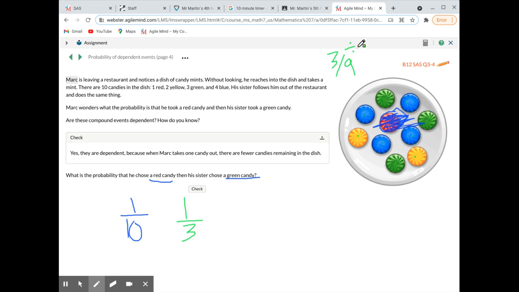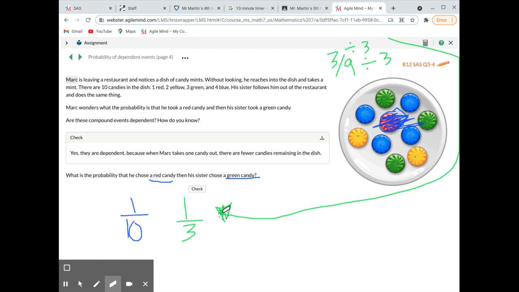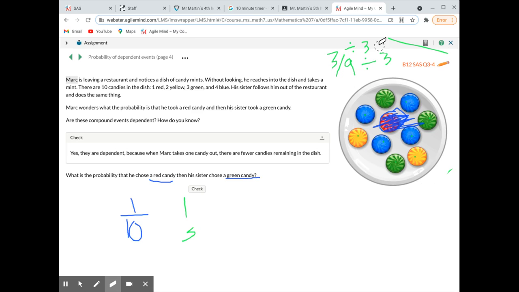You divide both the numerator and the denominator by 3, and whenever you do that, you get that answer right there. 3 divided by 3 is what? 1. What's 9 divided by 3? 3.